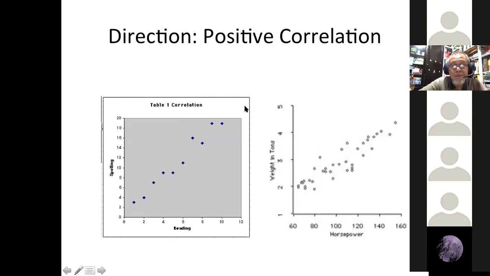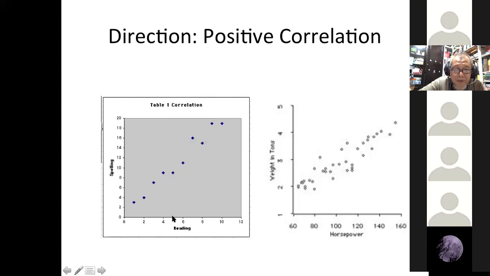So here is an example of data plotting into the graph. The independent variable is reading, and the dependent variable is spelling. So Y is spelling on the vertical line, and reading is the independent variable X, the X-axis. When we plot the data and the data looks like this, then we believe that the direction of the correlation is positive.